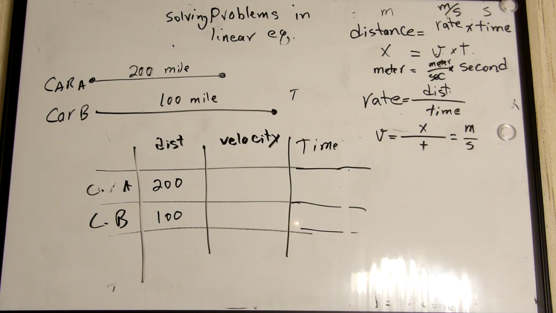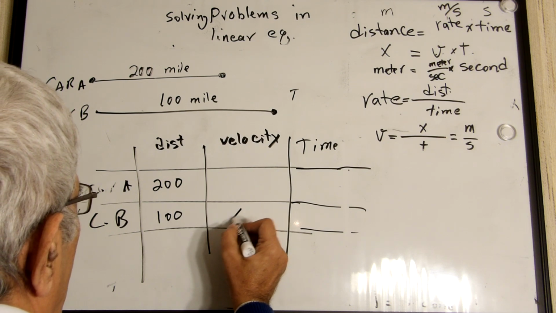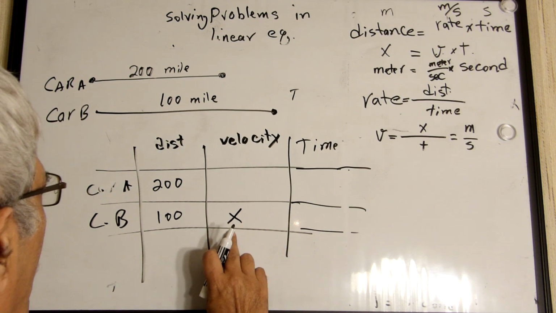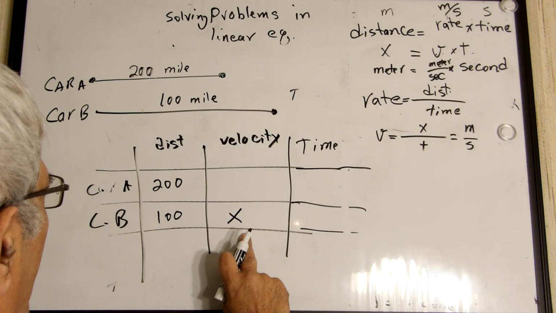But they spend the same time. This one is going at the rate of x, for example, at the velocity, like 20 miles per hour, 50 miles per hour, whatever.